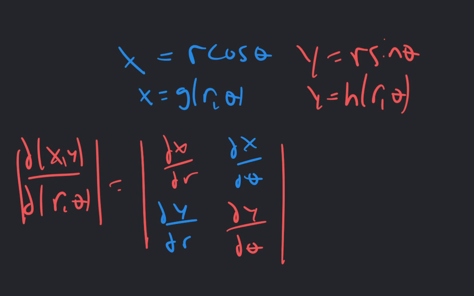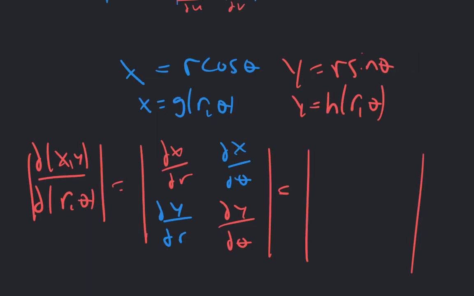we compute each of these partial derivatives and we plug it into the matrix. So if we differentiate x with respect to r, we get cosine theta.